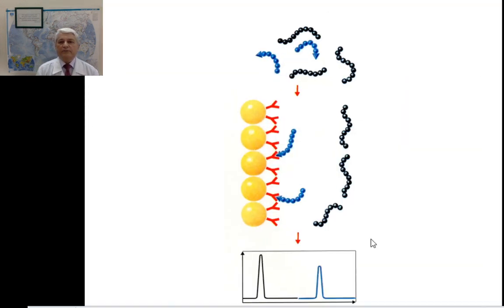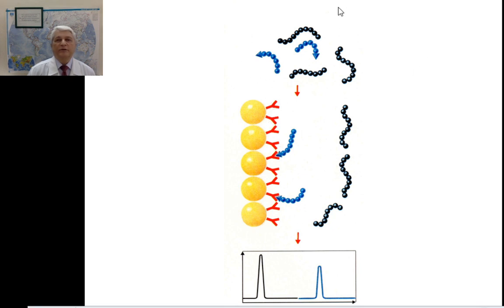And now, at the end of our lecture, I want to tell you about some applications of monoclonal antibodies. For example, on this picture you can see affinity chromatography. If we use monoclonal antibodies that can specifically interact with one of the molecules, such a molecule is shown here in blue, we can use such antibodies to separate different molecules.